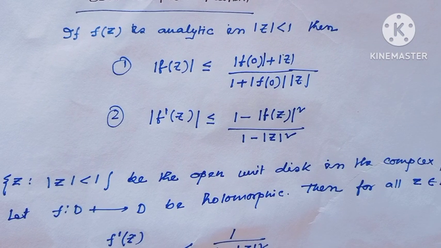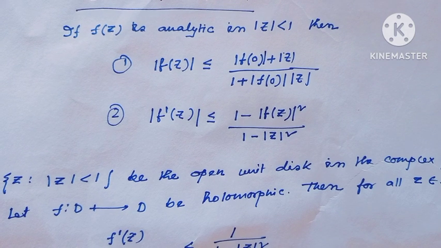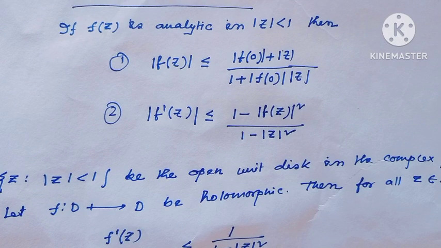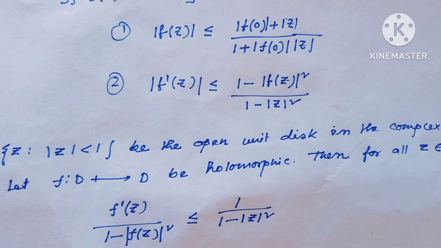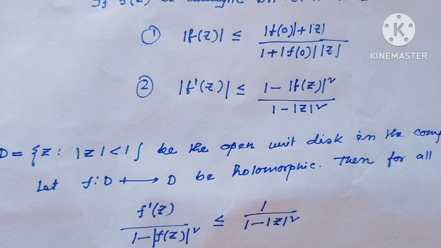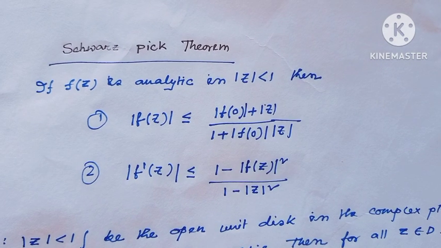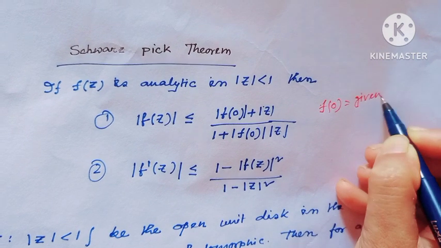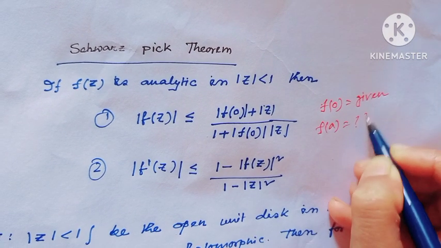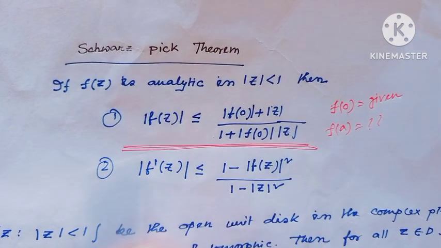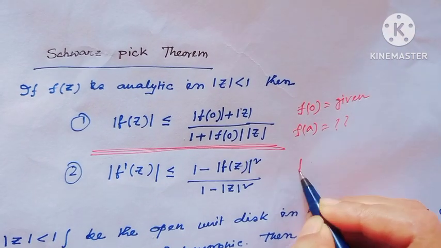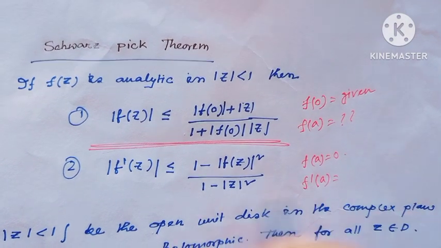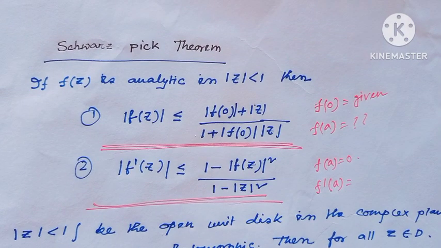Second, modulus of f prime z is less than or equal to (1 minus modulus of f(z) whole square) divided by (1 minus mod z whole square). For this, when f(0) is given but we have to find f(a), then we can use this lemma. Also, if f(a) is given but we have to find f prime a, then you can use this lemma.